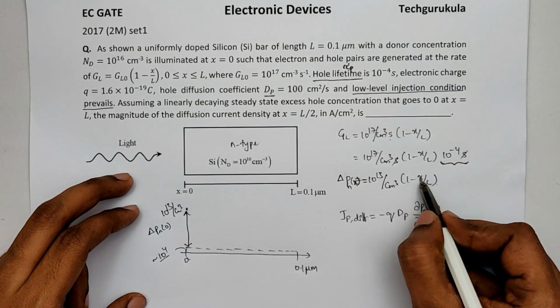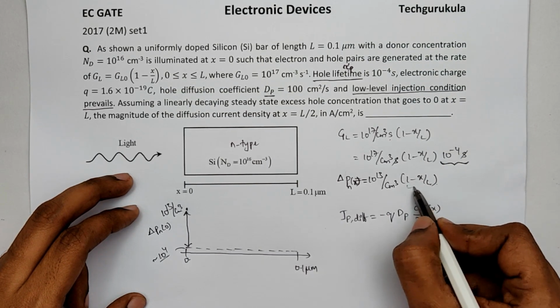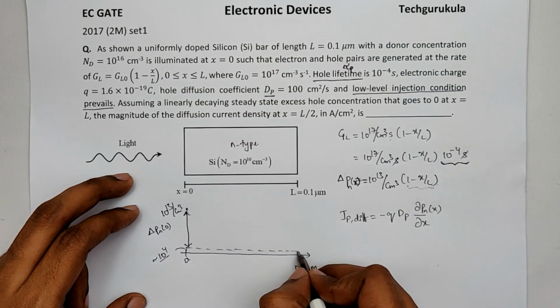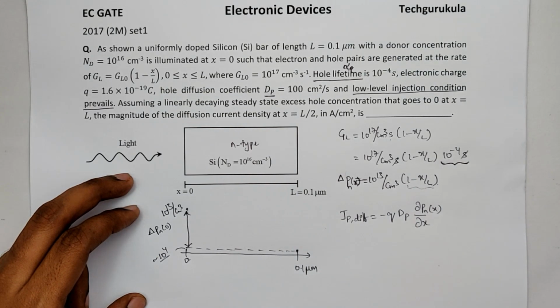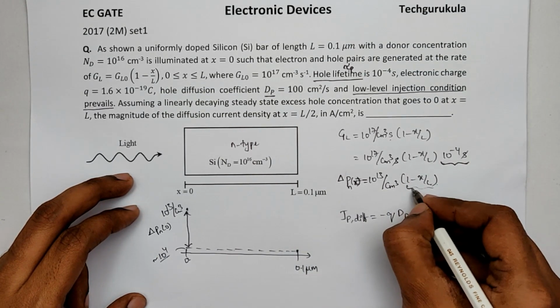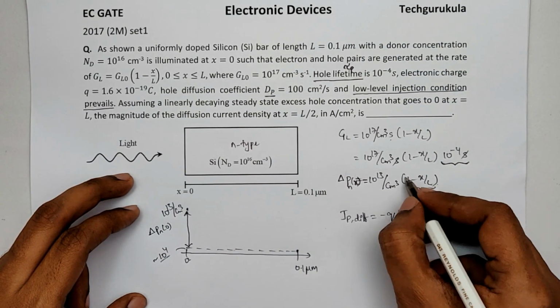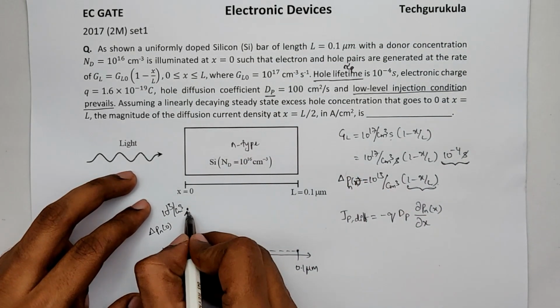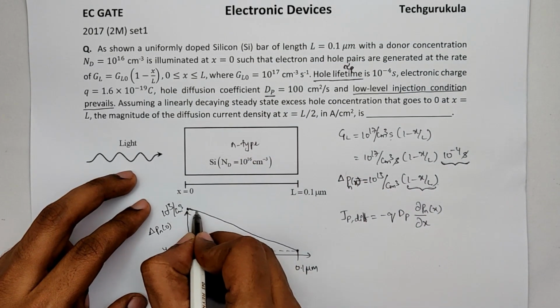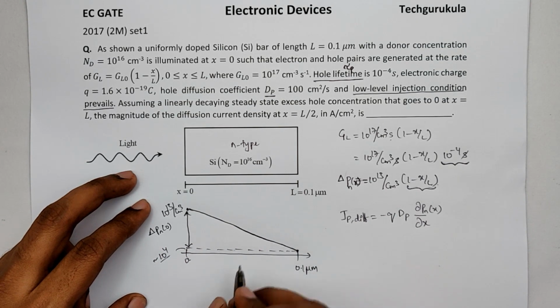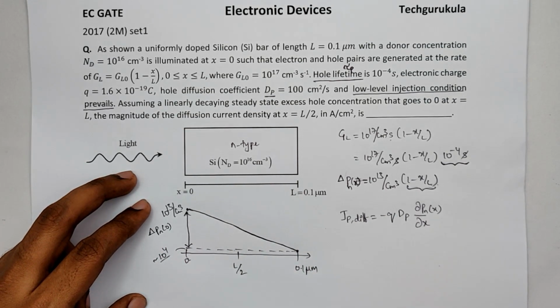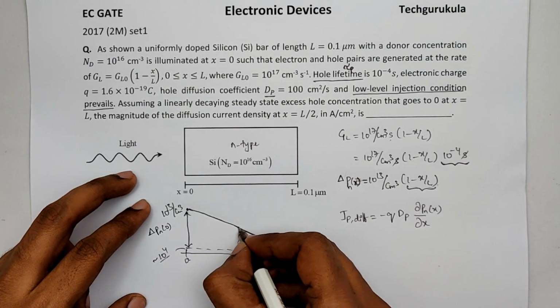Now when we substitute x equal to L, this becomes 0. 0 times anything is 0. So we get 0. Now of course, if you look at this variation, it is linear. Hence, this would be linear. Now let's say this is L by 2, the midpoint.